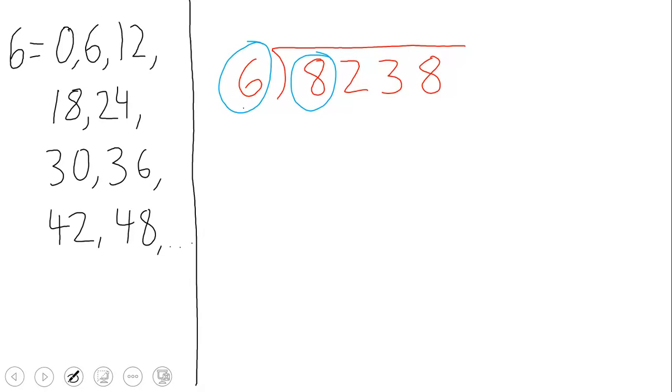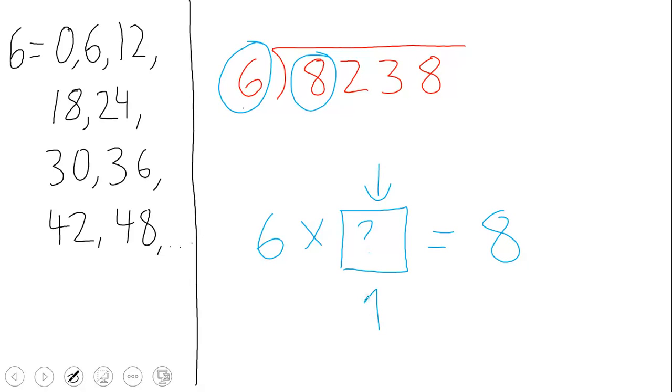Does there exist a whole number that I could use to multiply by 6 to give me 8? Think about it. Is there a whole number that I could multiply by 6 to give me 8?